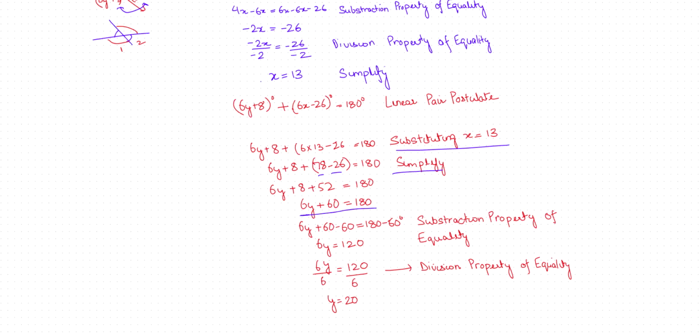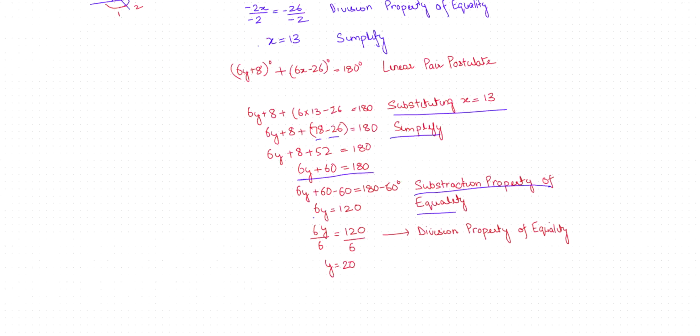Now subtracting 60 from both sides using subtraction property of equality, we get 6y is equal to 120. Now we want to get rid of 6, so by division property of equality, we divide by 6. And 120 by 6, we get y is equal to 20. So we get y is equal to 20 and x is equal to 30.